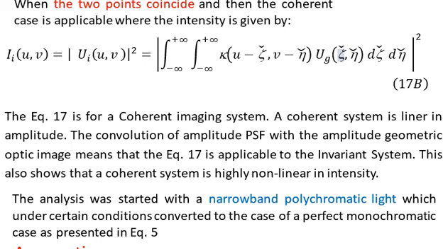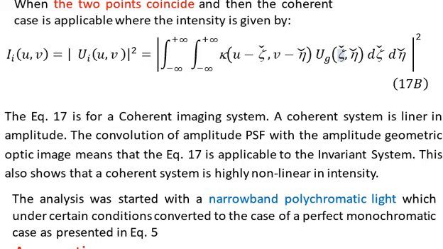You can recognize the integral in equation number 17b as the convolution between kappa and Ug. And when we can write some integral in the form of a convolution, it means that the system is invariant. So 17b represents a coherent imaging system, and in principle an invariant coherent imaging system.